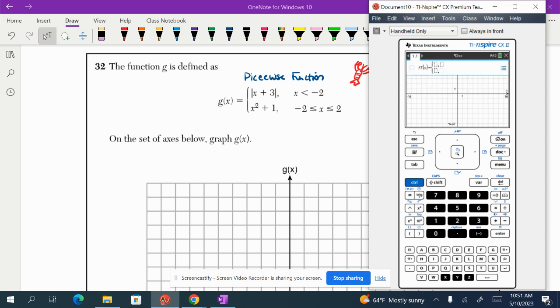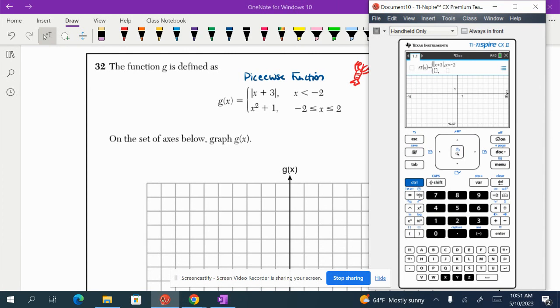I'm going to type the first function, and that one's the absolute value. Go back into the lobster, get your absolute value bars, x plus 3. And then to type your inequality, you're going to have to go over to the box that's to the right of the comma, and you're going to type in x. And then to get your inequality symbol, you're going to go control equal, and that will give you x is less than -2.